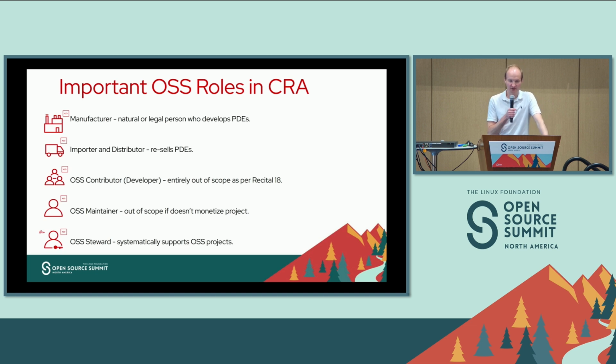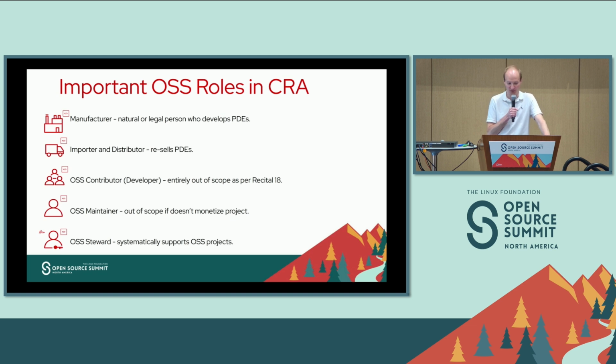It's very important to highlight the roles of open source software in the CRA in general, the roles of different players that are mentioned in the regulation. Manufacturers are the actual producers of products, the companies that make products, right? Importers and distributors are resellers or distributors of products with digital elements.